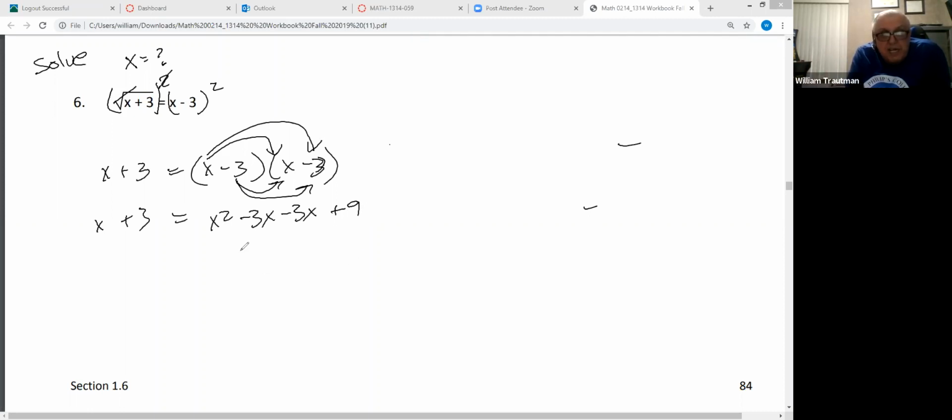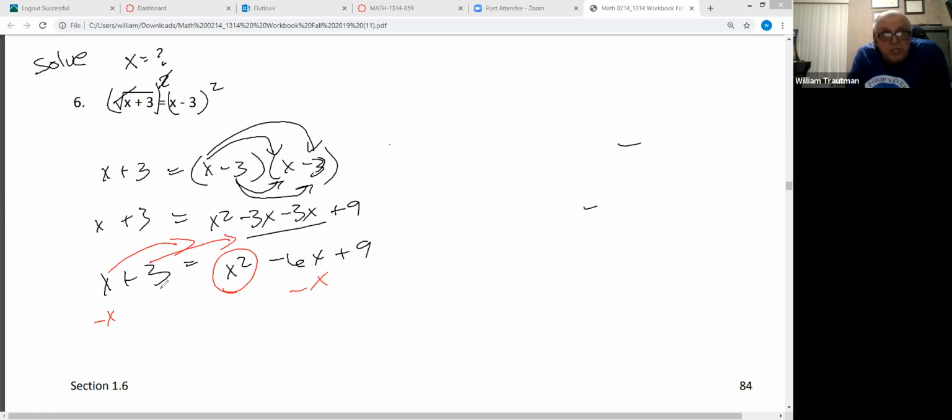The right-hand side, combine like terms. These two can combine. Negative 3x minus 3x is a negative 6x. All right, when we have an x squared, you have to take everything to the x squared side. I will need to take this x, it's a plus x. I'm going to minus x.